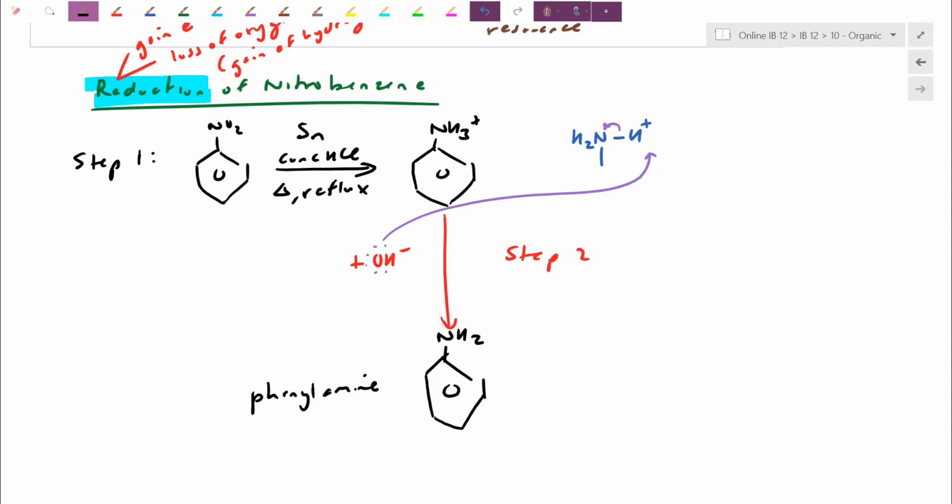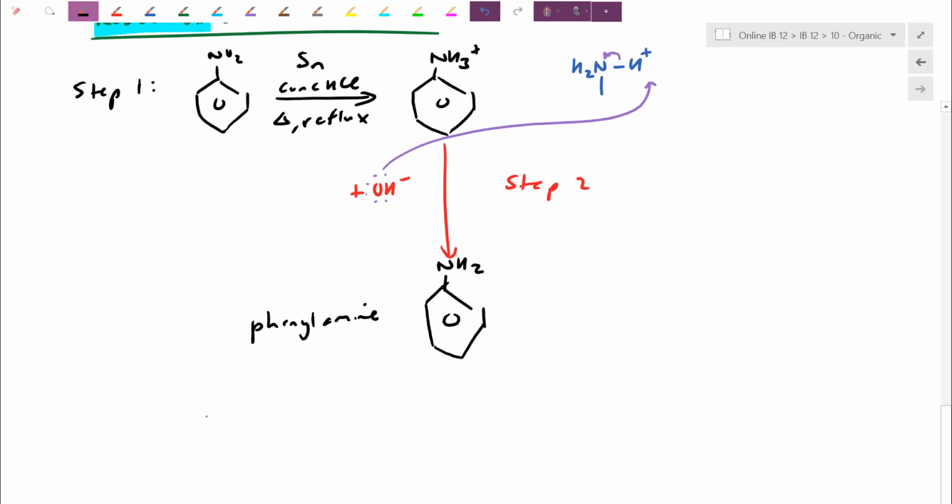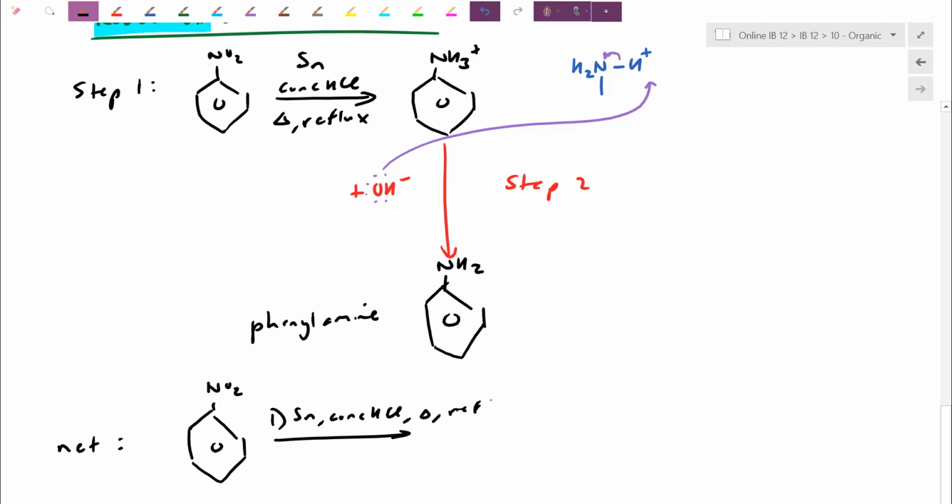How we can summarize this is the net reaction. I took my nitrobenzene, and you can use numbers to say: step 1, tin with concentrated hydrochloric acid, using a heat treatment under reflux.